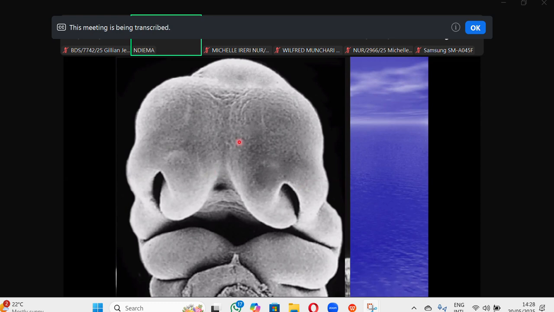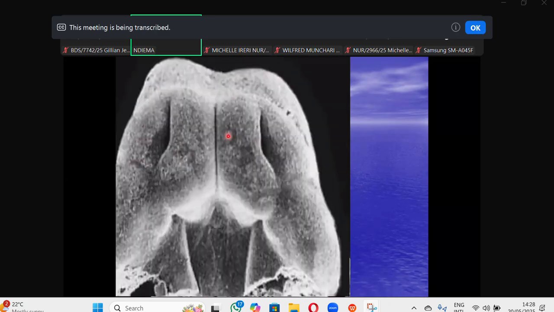This is the area of fusion of the medial nasal processes to form eventually the primary palate, the intermaxillary process that forms the primary palate and the philtrum of the lips, and of course, part of it forming the lips.